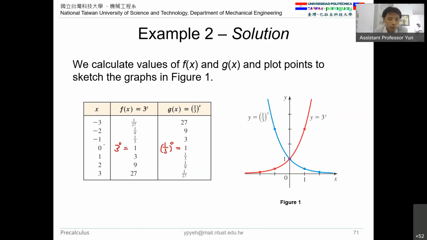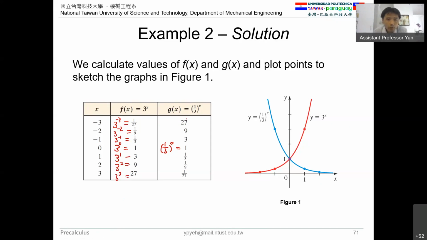So when x equals -1, -2, and then -3, f of x will equal 1 divided by 3, 1 divided by 9, and 1 divided by 27, which you can see is 3 to the -1, 3 to the -2, 3 to the -3. That makes sense. And when x equals 1, 2, 3, then it will be 3 to the power of 1, 3 to the power of 2, 3 to the power of 3 here.